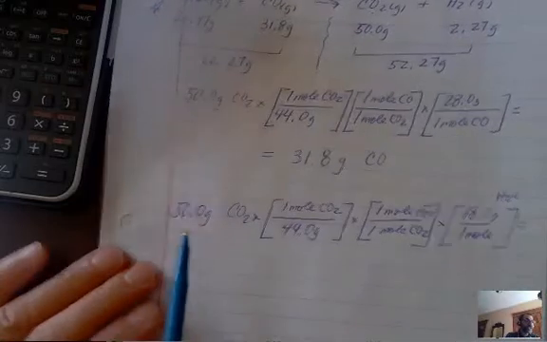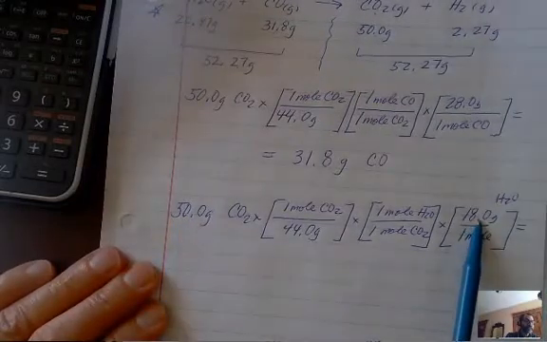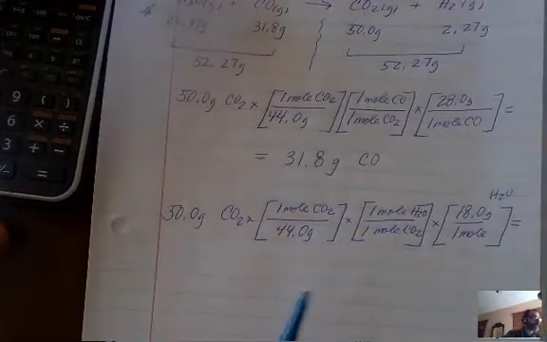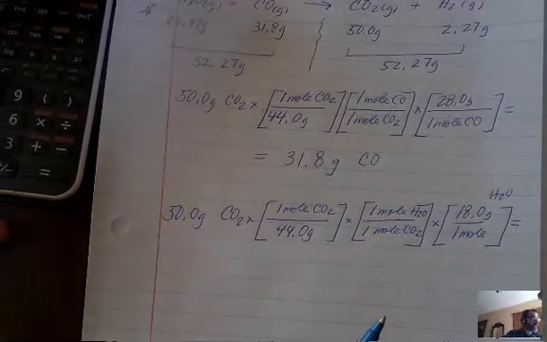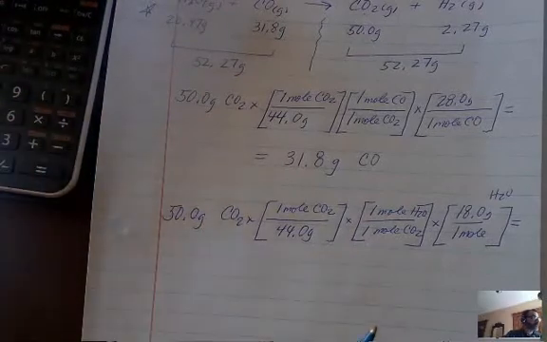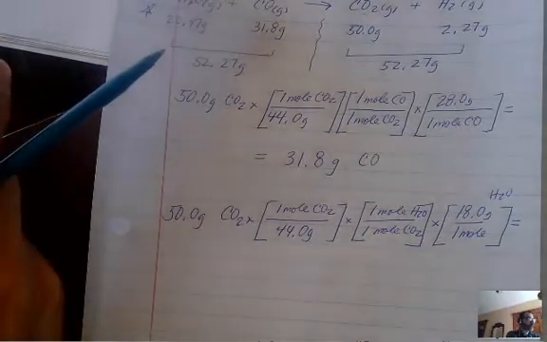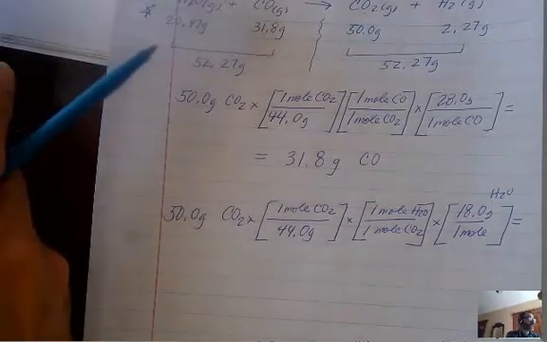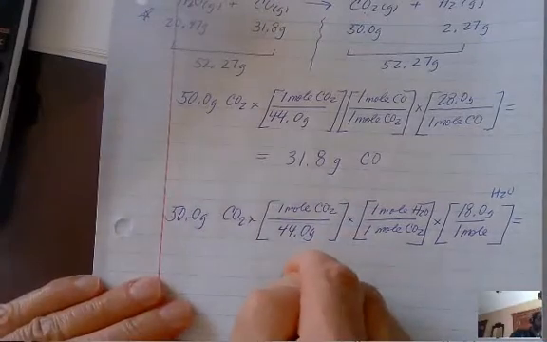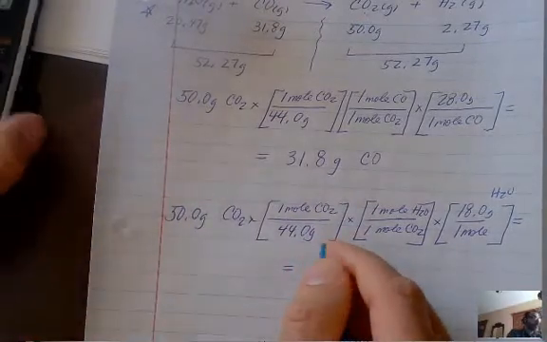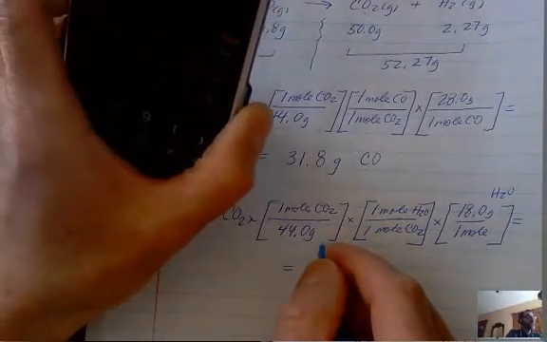Want to go straight across the top this time? 50 times 18 divided by 44. So let's do that. 50 times 18 gives you 900, divided by 44. Okay, I get 20.454.